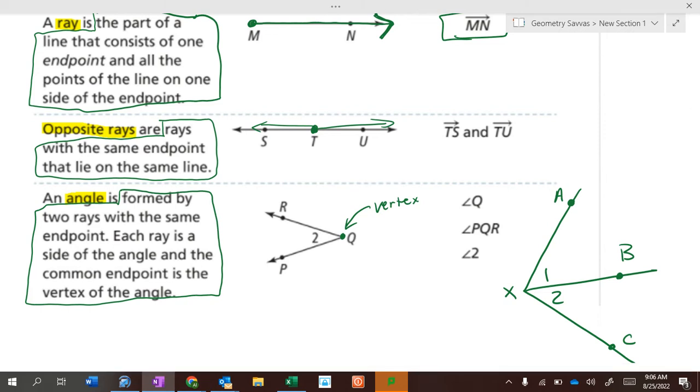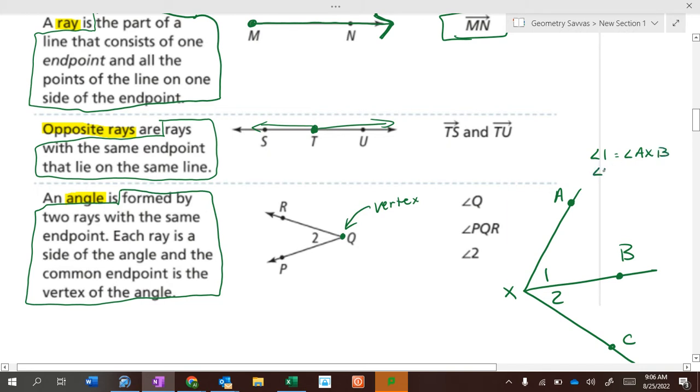What's another name for angle 1 using letters, Donovan? Angle ABX? Nope. Or just X? Nope. Neither. You use 3 letters, but you got to use them in the right order. Order is important. So angle 1 is AXB in that order. Angle 1 is angle AXB.